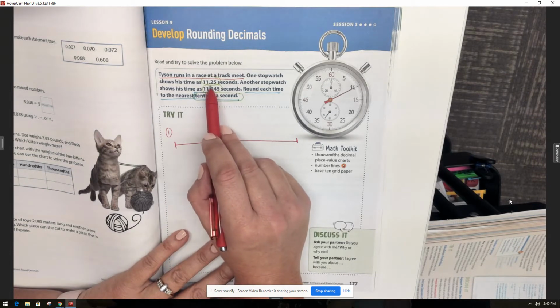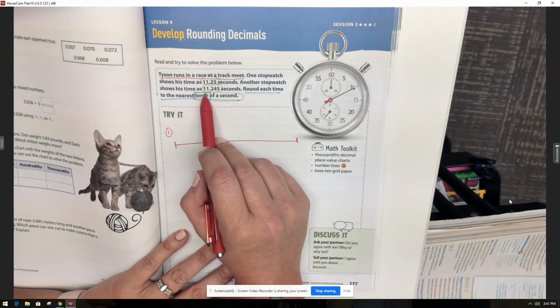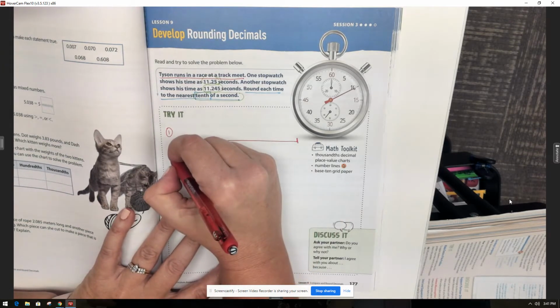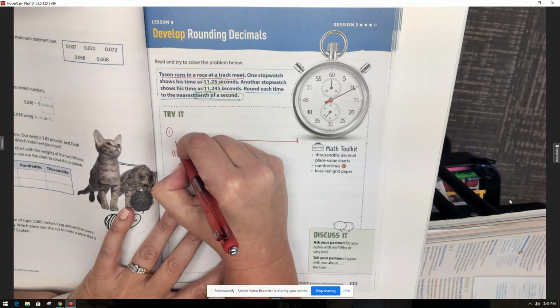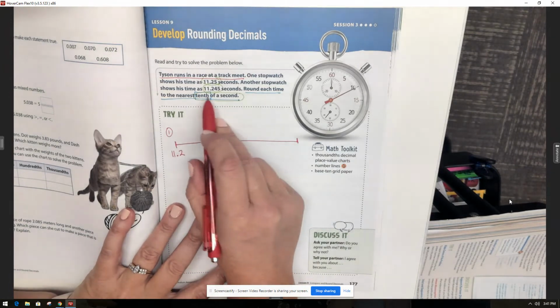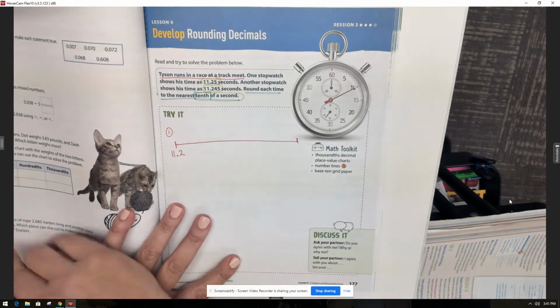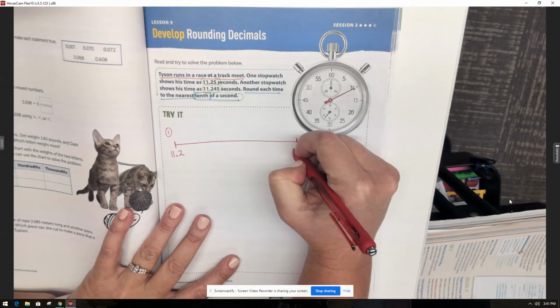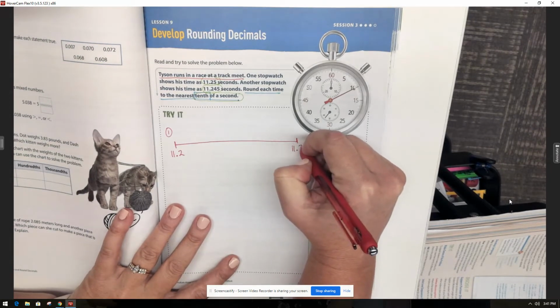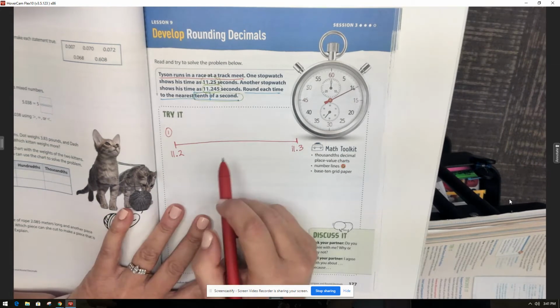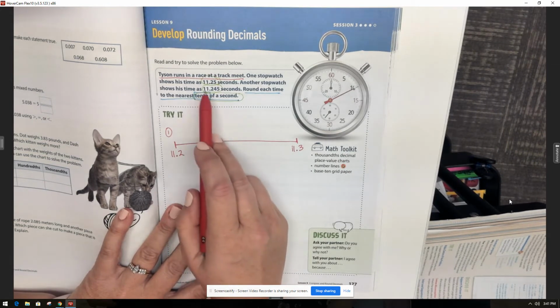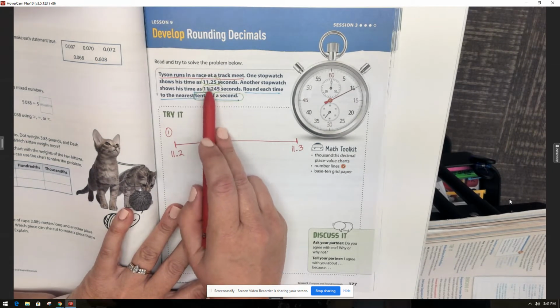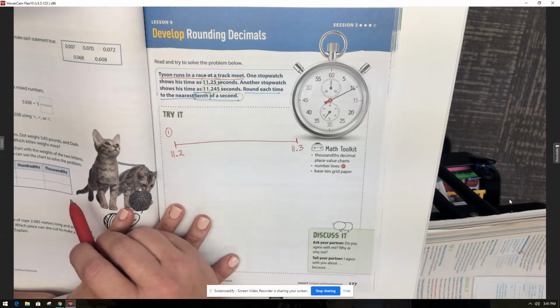So I know that both of these decimals are between 11 and 2 tenths, because both of them are more than 11 and 2 tenths, and then they are both less than 11 and 3 tenths. So now I can figure out where both of these items are on the number line.